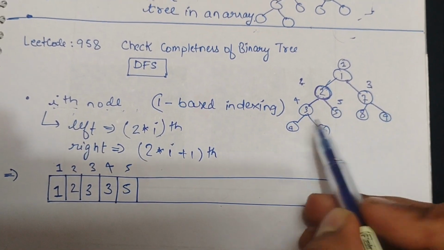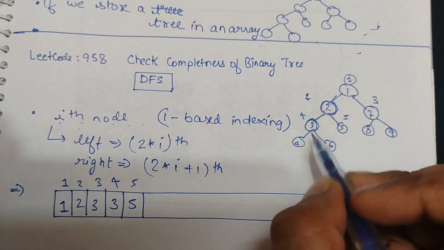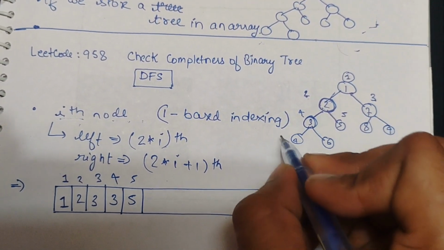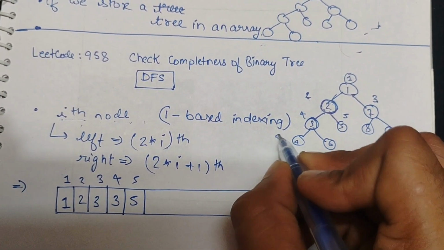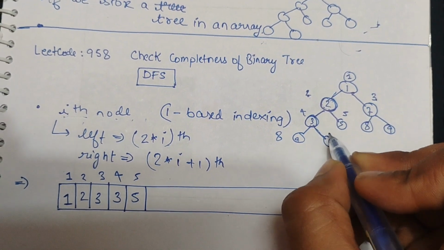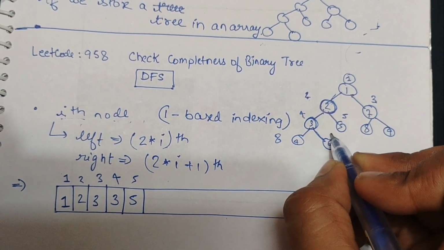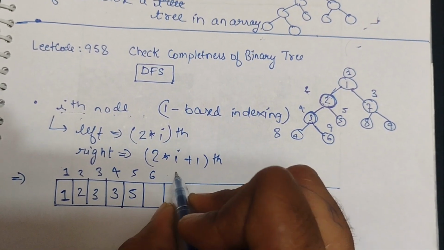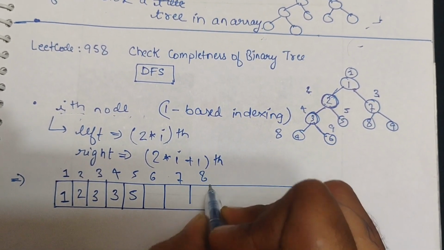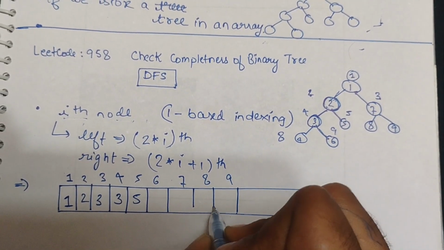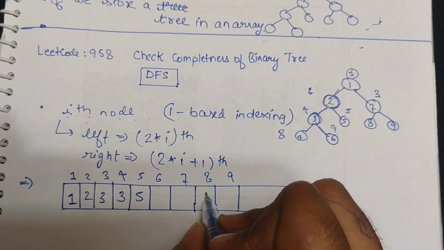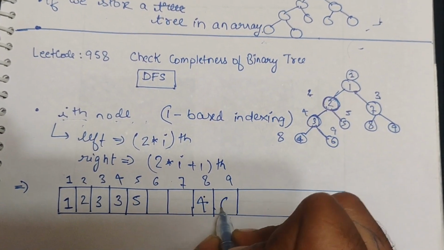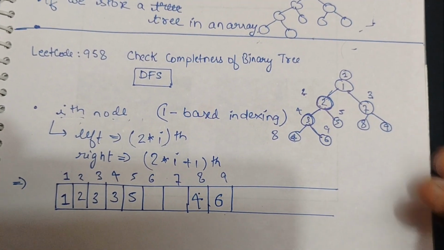Now this node is at fourth, so its left would be at 2 into 4, that is 8, and its right at 2 into 4 plus 1, that is 9. What are these? These are 4 and 6. Let's store 4 and 6.